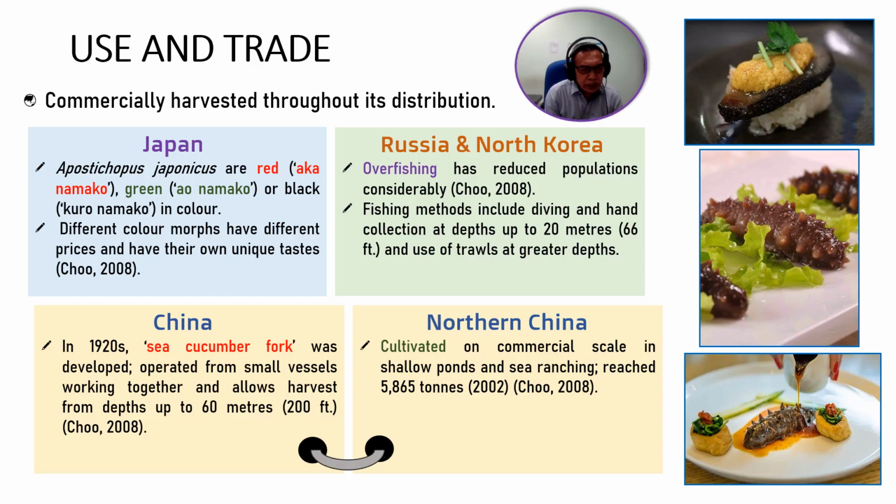These species are commercially harvested throughout its distribution. In Japan, different color morphs have different prices and have their own unique tastes.